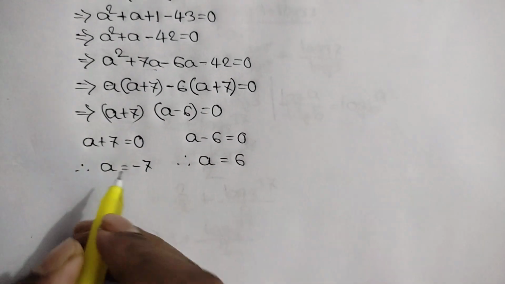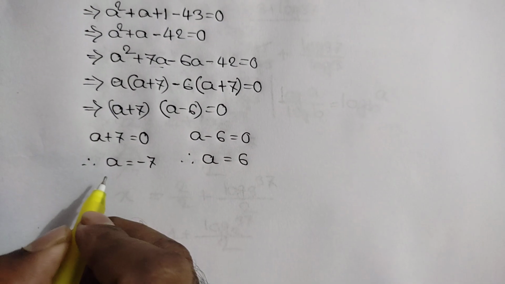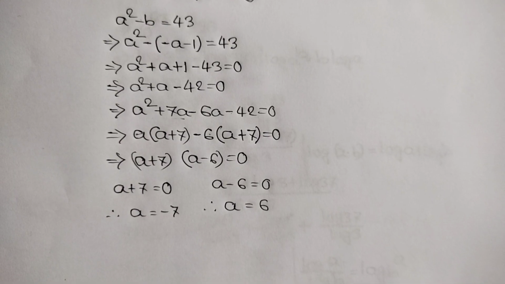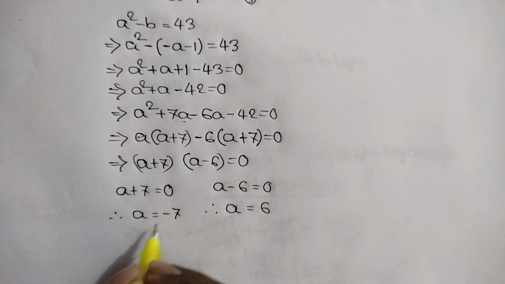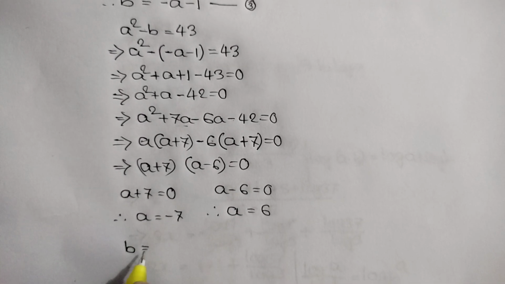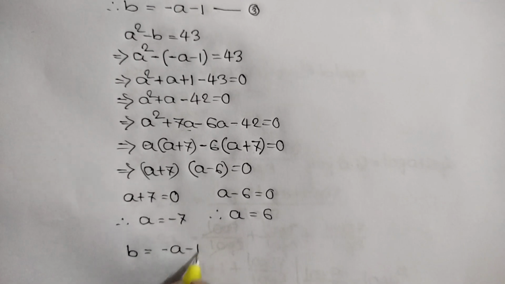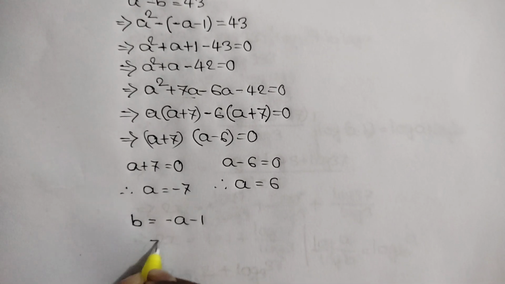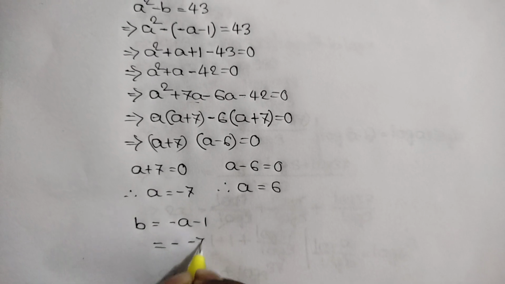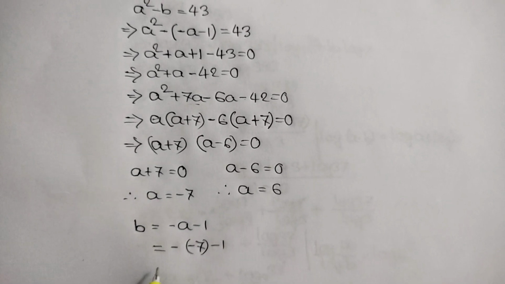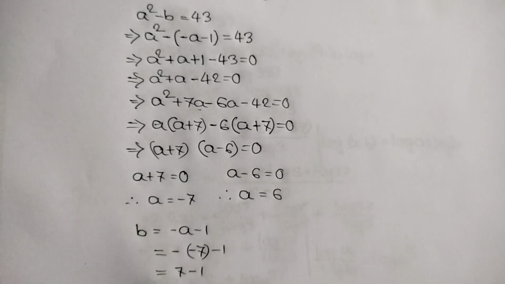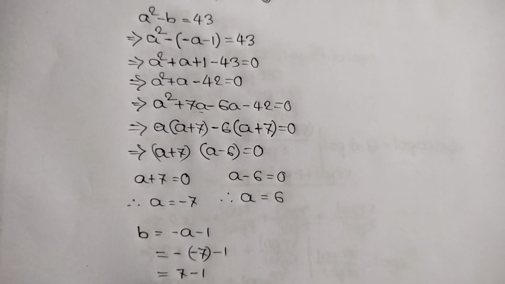Now a is equal to minus 7. When a is equal to minus 7, then b is equal to minus a minus 1. So minus a is equal to minus bracket minus 7 minus 1. Minus times minus is equal to plus 7 minus 1. So b is equal to 6.